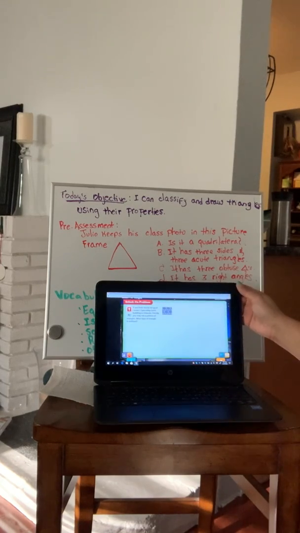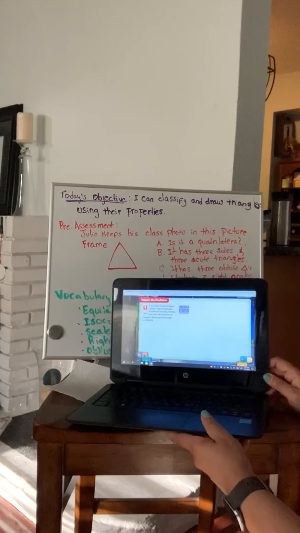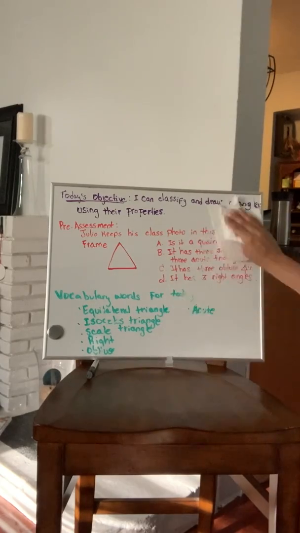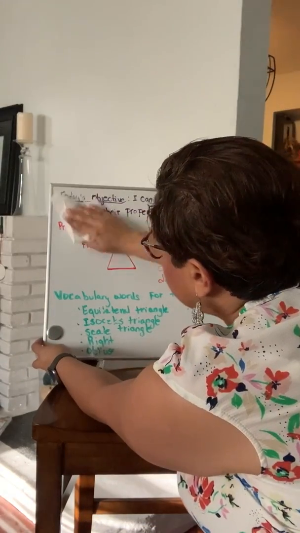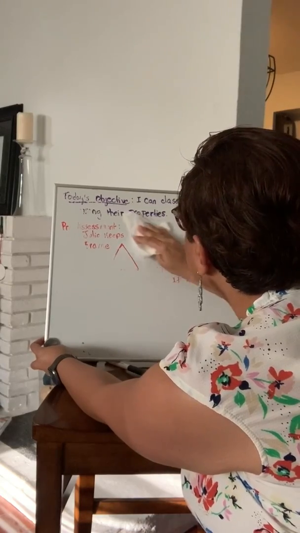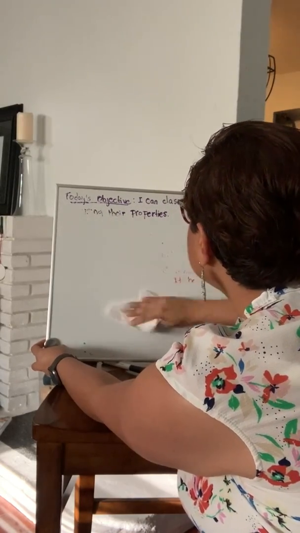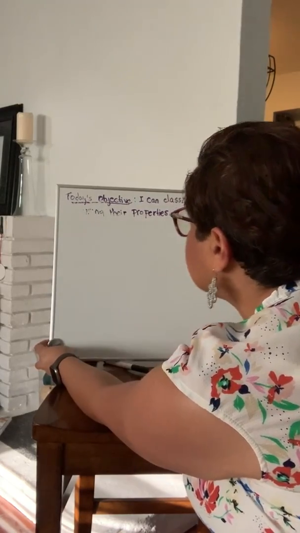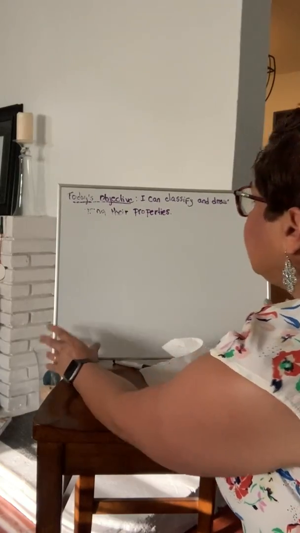So I'm going to try to use this board, and I don't know if I can, to show you. I'll move that out of the way. So there's going to be two separations for our triangles. Sorry, two ways. We're going to separate them by sides, the length of their sides. Of course, triangles have three sides. And the size of their angles, okay?